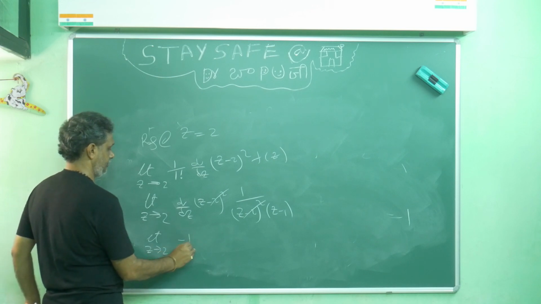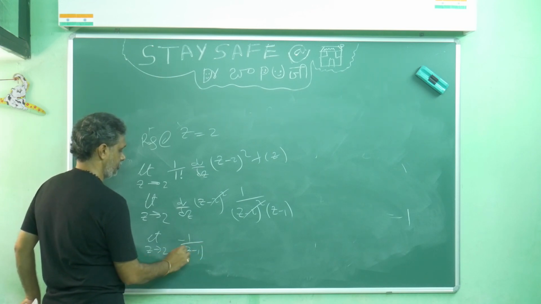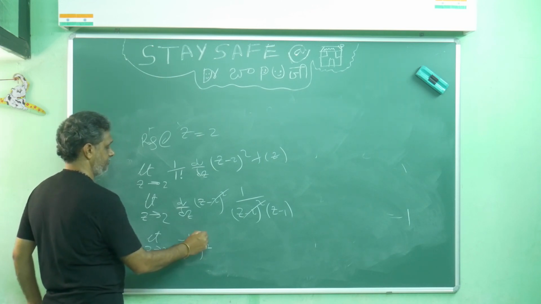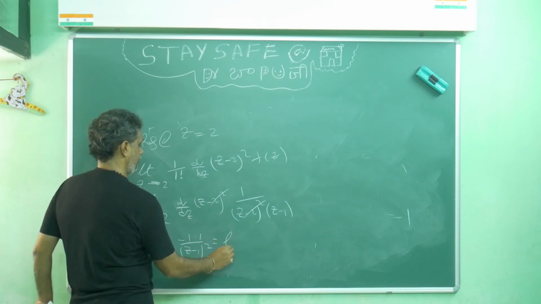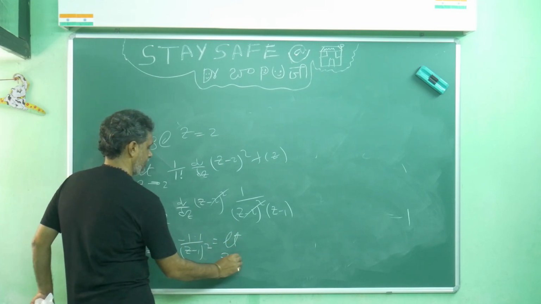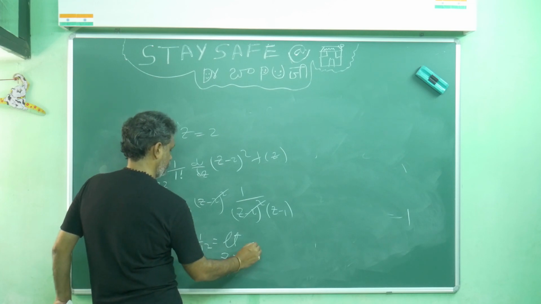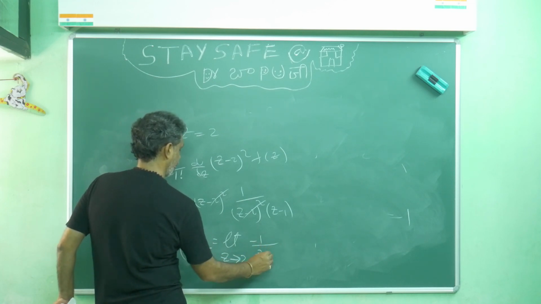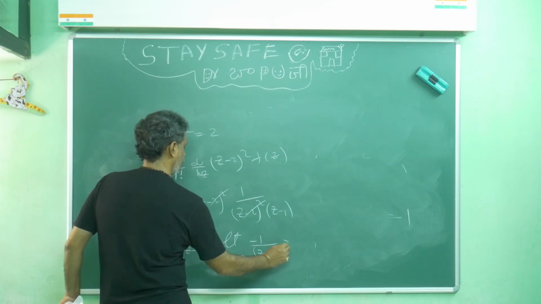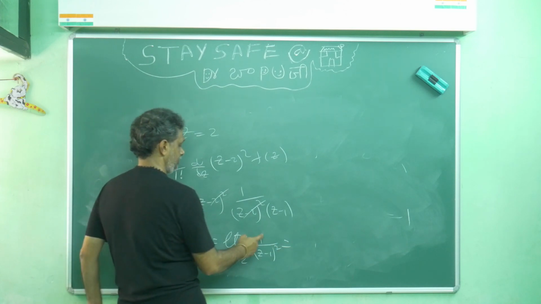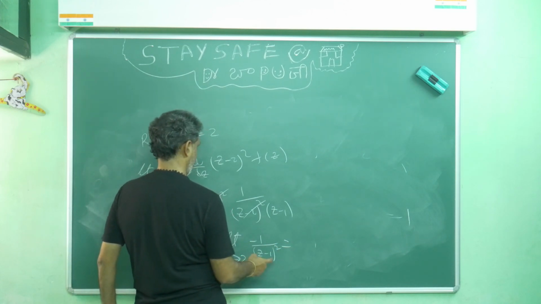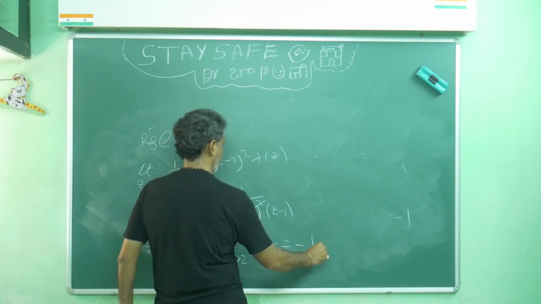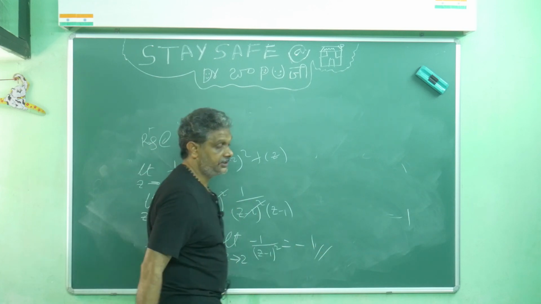So I will write minus 1 by z minus 1 whole square. Again, z differentiation is 1. So limit z tends to 2 of minus 1 by z minus 1 whole square. So this is minus 1 by 2 minus 1, which is 1. So this is minus 1. This is the way of doing it.